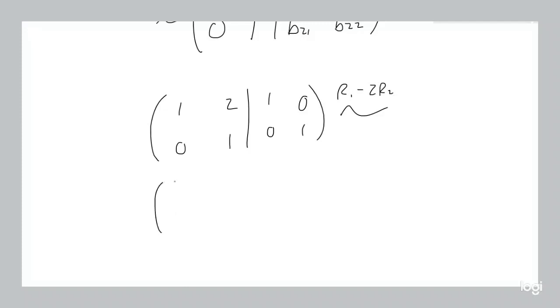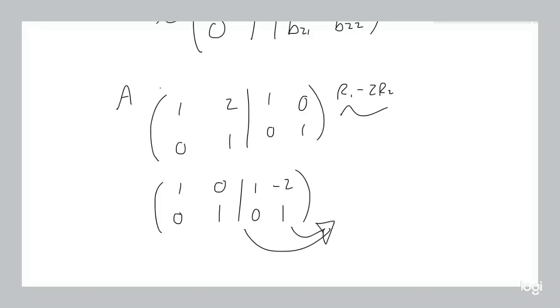So what we get: 1 minus 2 times 0 is 1. 2 minus 2 times 1 is 0. 1 minus 2 times 0 is 1. 0 minus 2 times 1 is negative 2. And there we have it. If this is A, this is the same A inverse we calculated a longer way before.